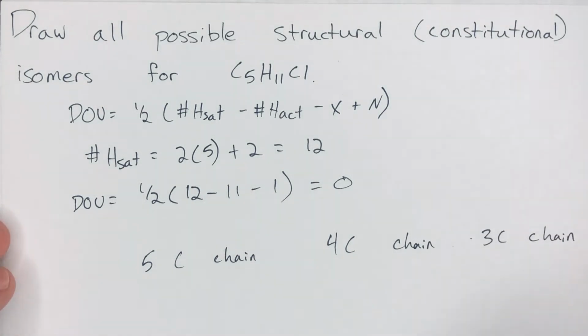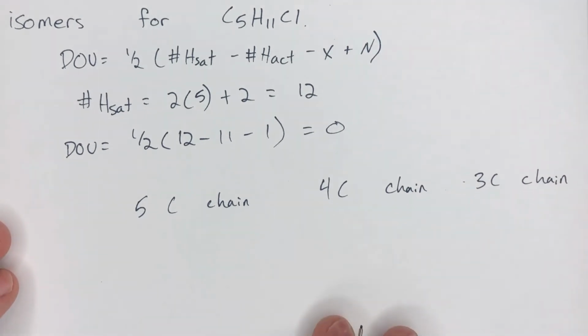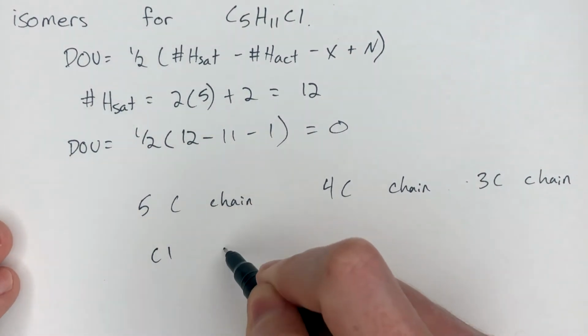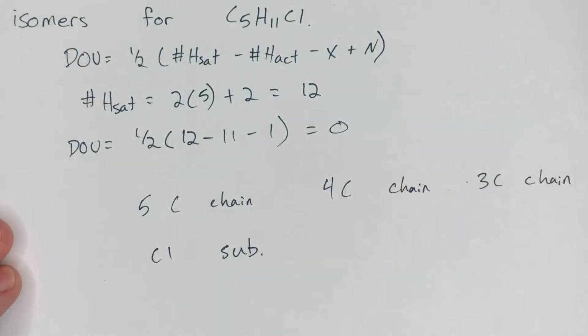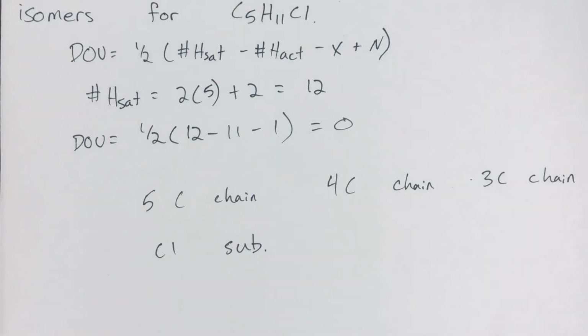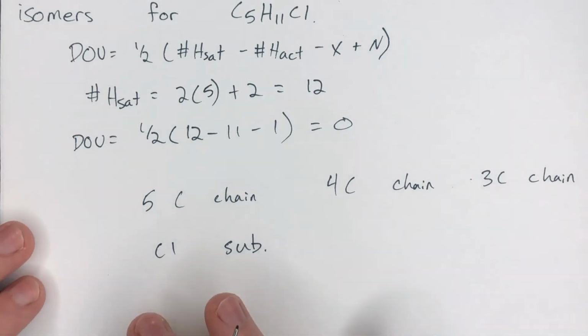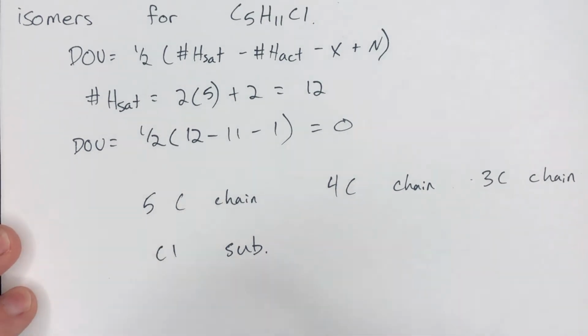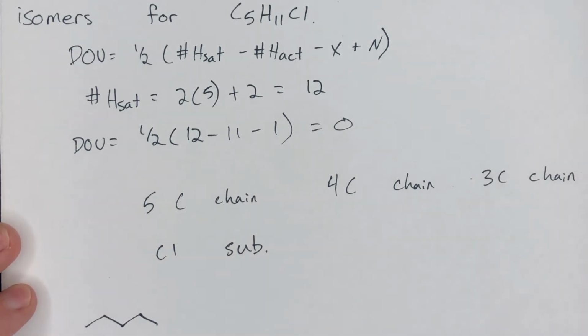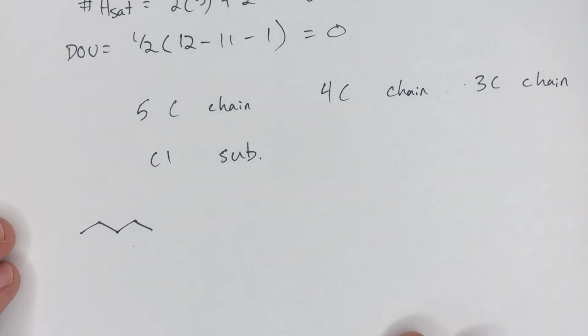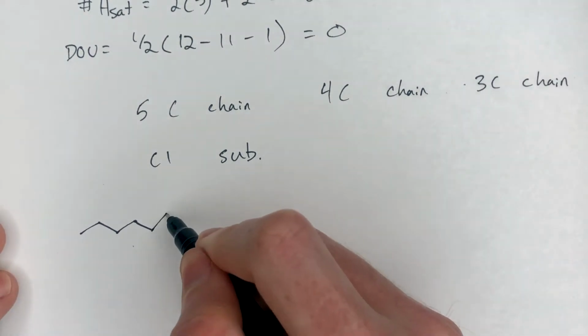Now the biggest difference is we have a chlorine substituent, so we need to consider where that chlorine can go on the chain. Let's simply start with the 5-carbon chain, as that deals with everything else except for the chlorine. So if we were to draw that, here's a 5-carbon chain. Let's say we'll start by putting the chlorine at the 1 position here.